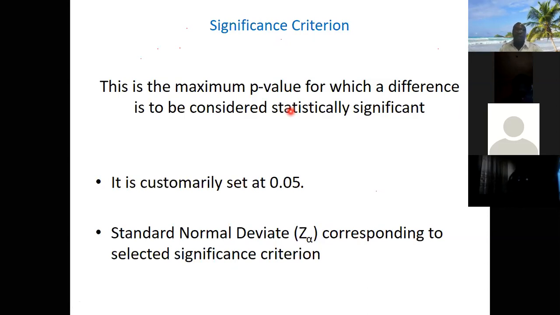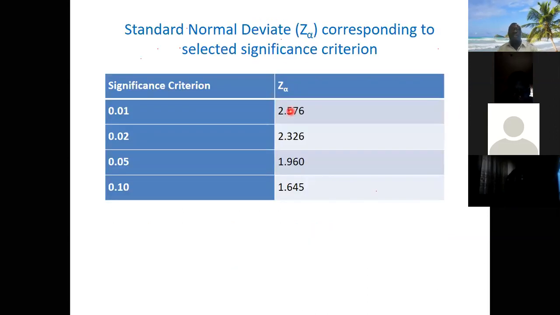If you set it as 0.05, the corresponding Z, if it is 2T, is 1.96. If it's going to be 1T, you just double the significance criterion, and the Z is 1.65.